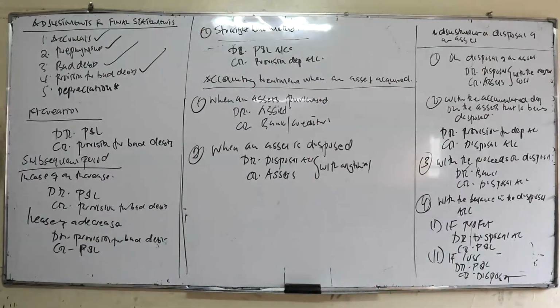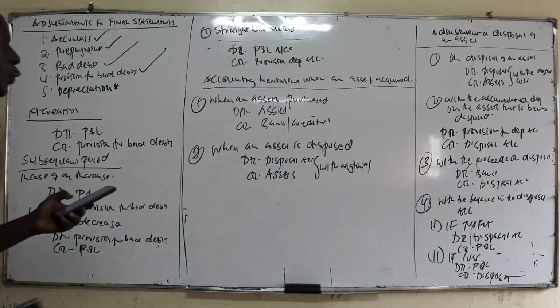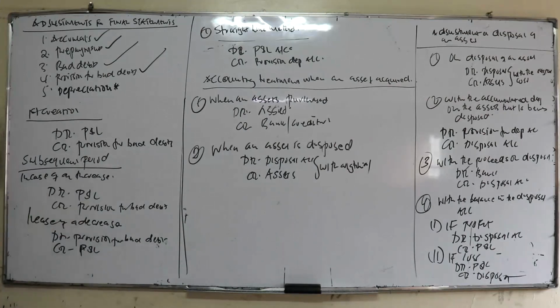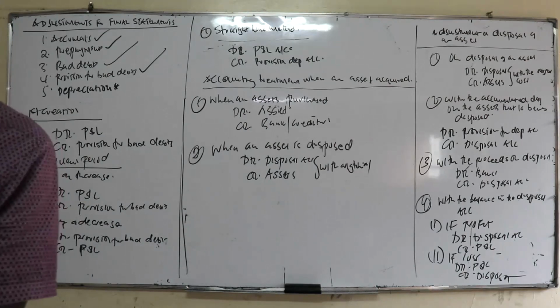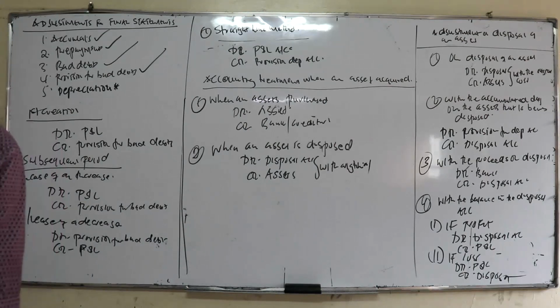So now there is an example I want us to go through to summarize all this about the disposal. We have a company that depreciates plant at the rate of 20% per annum, straight line method. From the following details, draw up the plant account, provision for depreciation account, and disposal account for the years 2010, 2011, and 2012.